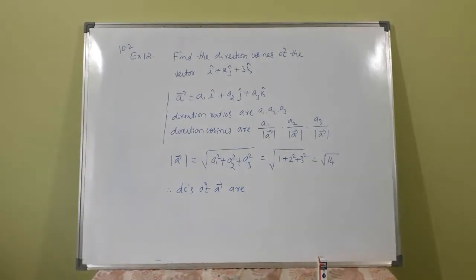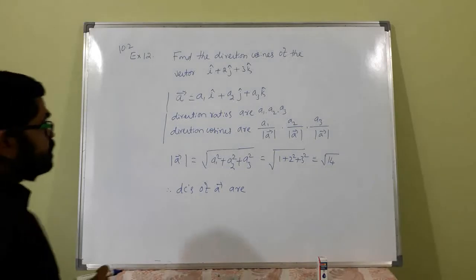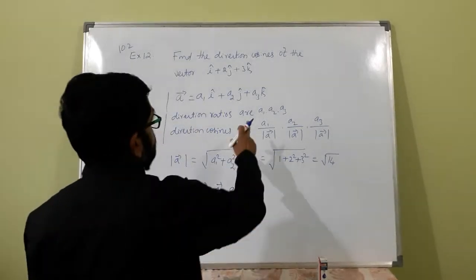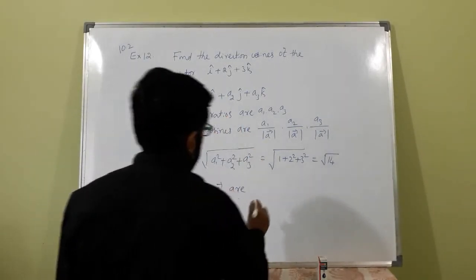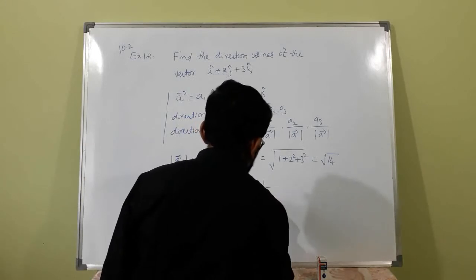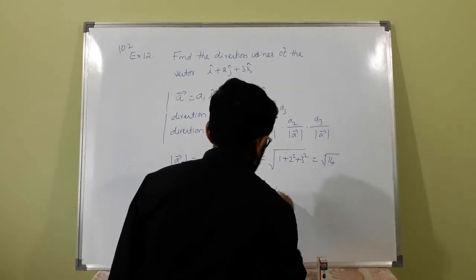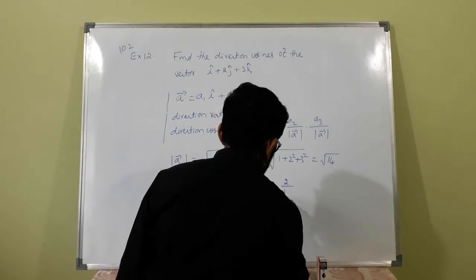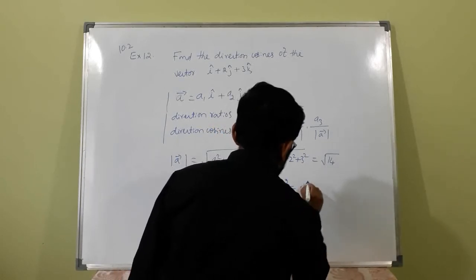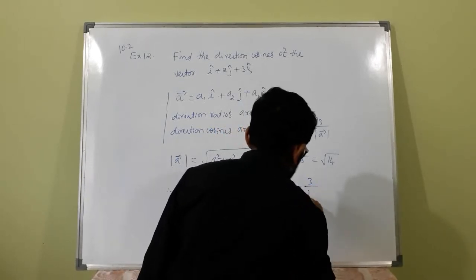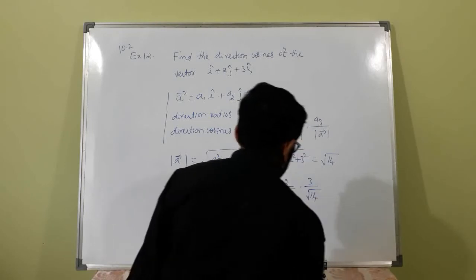What is direction cosine? Cosine of the angle of the direction ratios. Okay, what is A1 here? 1. So 1 divided by root 14, 2 divided by root 14, and 3 divided by root 14.